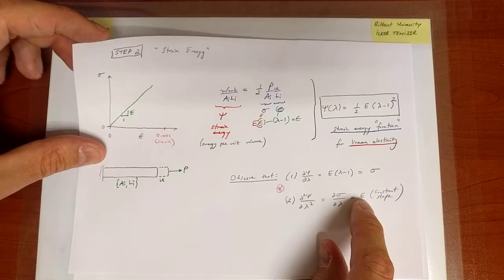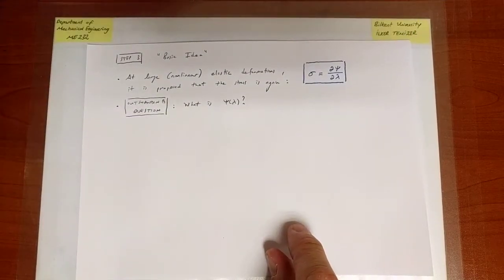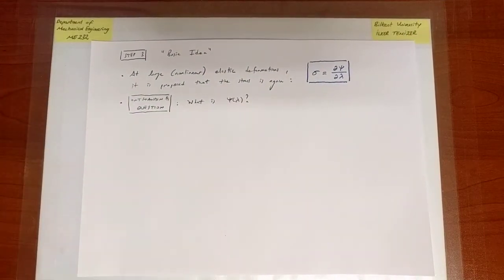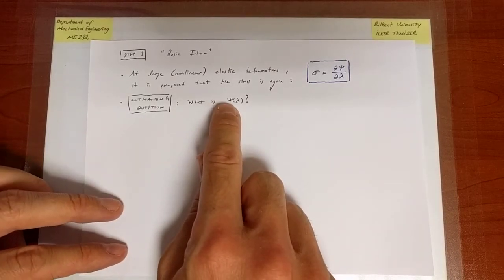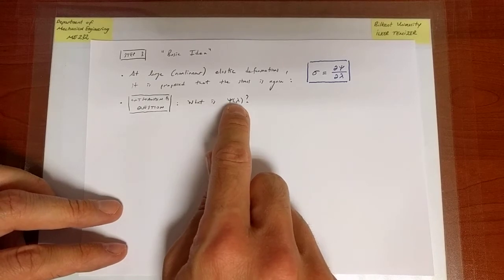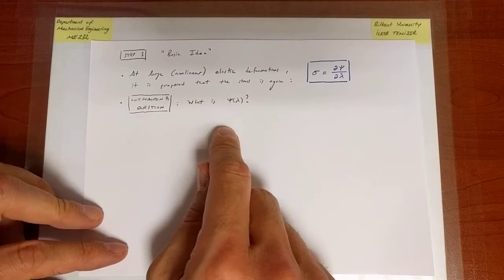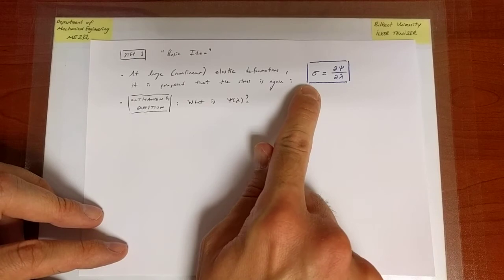So at this point in class, what I would like to do always is ask you, well, so now we understand that psi should not be a quadratic function of stretch. Now, first of all, let's discard linear stretch, because if we just proposed a linear expression for the strain energy function in terms of stretch, you take the first derivative of that, you get the stress.